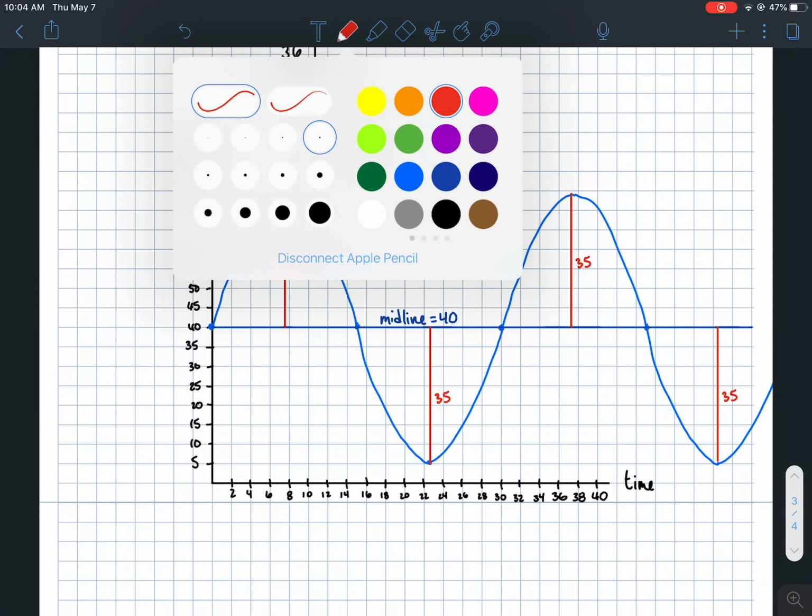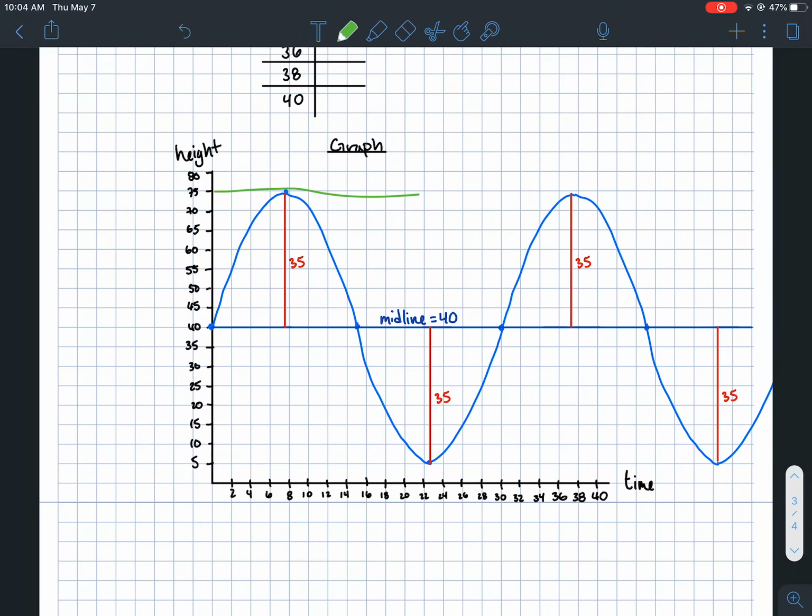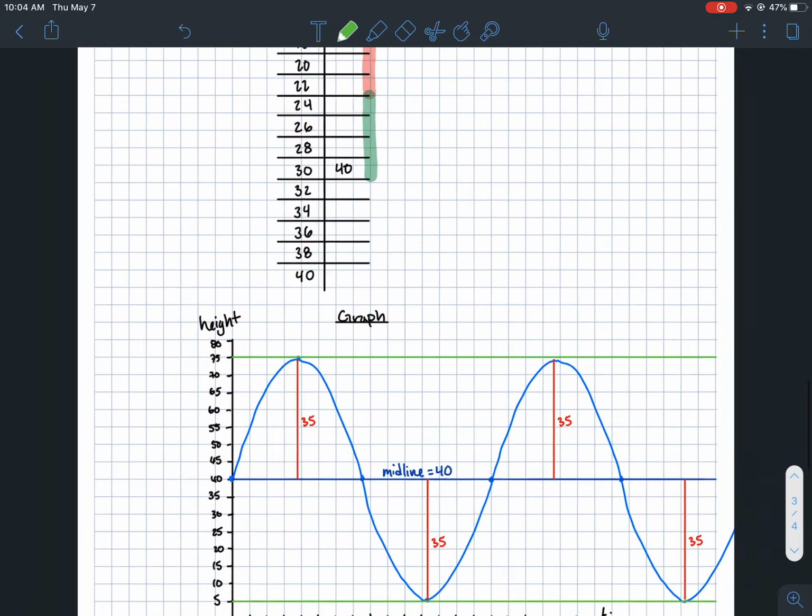And so then we have a maximum value of 75 and a minimum value of 5. And so we can see that this sine wave, looking at our key features, such as the midline and that radius, is just rotating around the circle, giving us different heights.